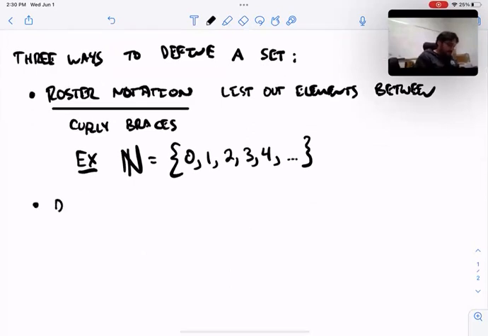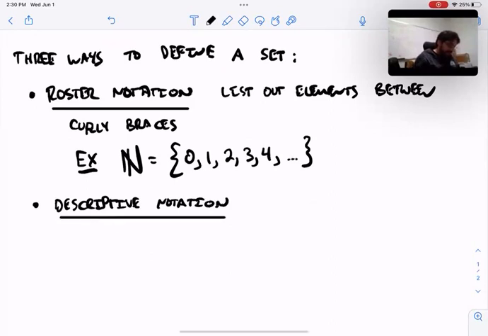There is also what's called descriptive notation, which is just what it sounds like. You simply describe what the elements of a set are.